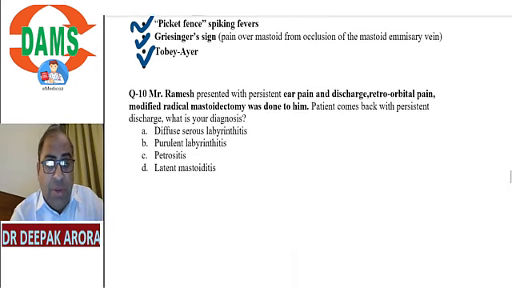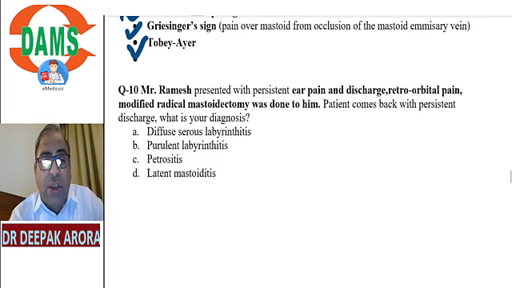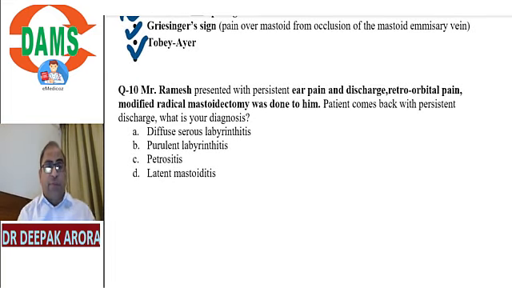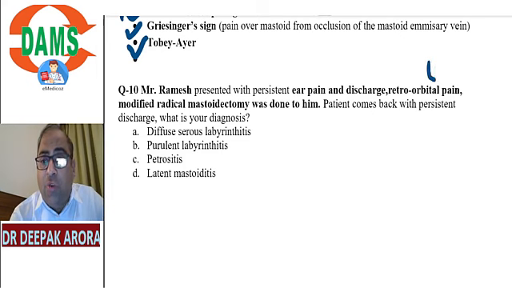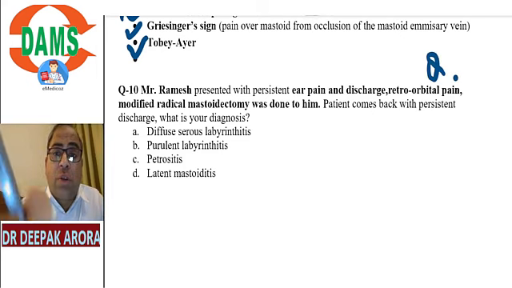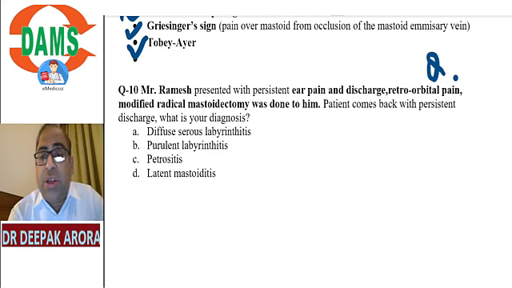Clear? One more MCQ I have taken from the segment of this mastoiditis. Mr. Ramesh with history of ear discharge, ear pain, retroorbital pain. MRM was done to him. Patient comes back with persistent discharge. What is the diagnosis? Beta, retroorbital pain. It means we are talking about something very posterior.